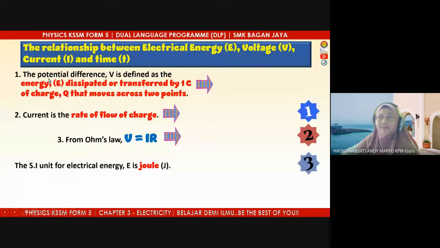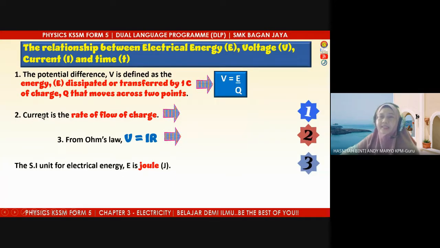Energy supplied or energy dissipated, energy transferred, to 1 coulomb of charge that moves across 2 points. And what is the equation for this? V, potential difference or voltage, equals the energy supplied to move 1 coulomb of charge across 2 points in a conductor.